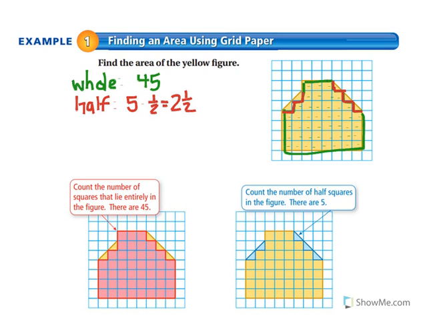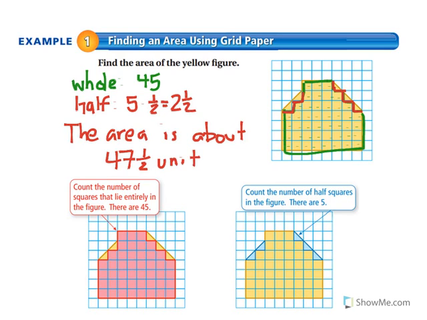So the area is about 47.5 units. So basically, you're combining the wholes with the halves, and that's about what you come up with. Is 47.5 units, or 47.5.